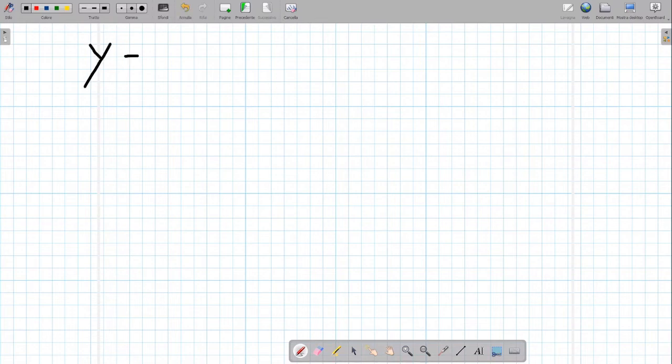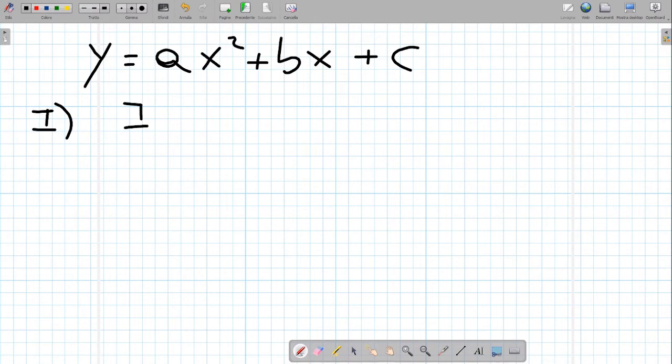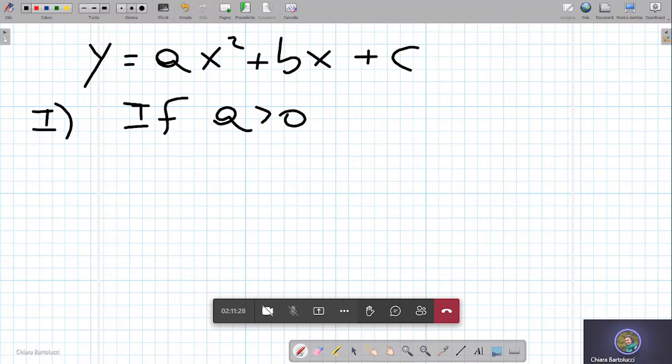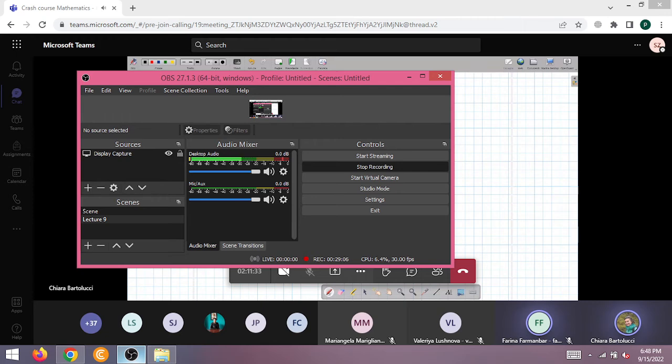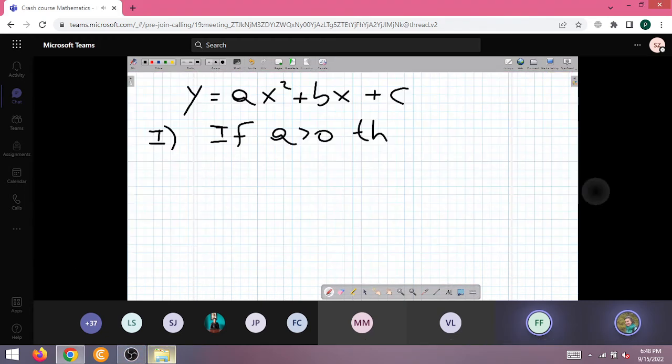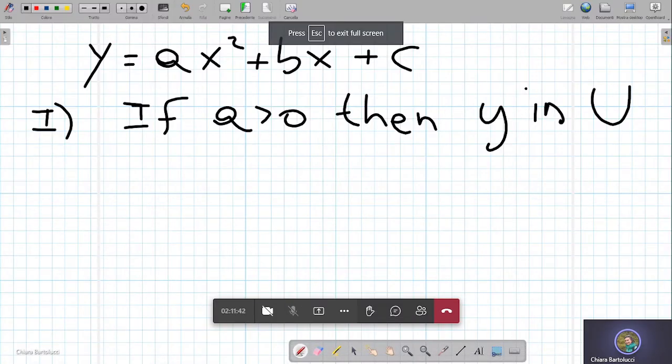So let's suppose we want to draw y equal to ax power 2 plus bx plus c, so a complete equation for the parabola. The first step, let's say, we look at the coefficient of the power 2 of x, and as we have seen before, if a is positive, then we should expect a convex y.